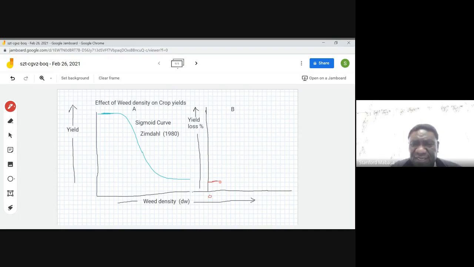Then as you increase weed density, you also start to increase yield loss, and you may get something like this, which is also a sigmoid curve describing the loss.